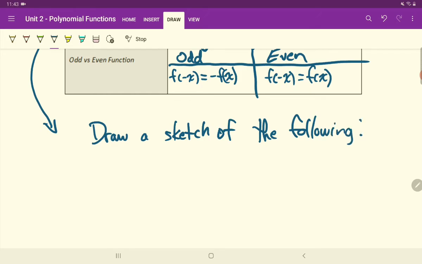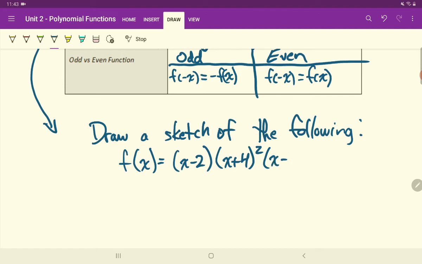If I have an equation, f of x is equal to (x minus 2)(x plus 4) squared times (x minus 7), I want us to be able to draw the sketch of that.